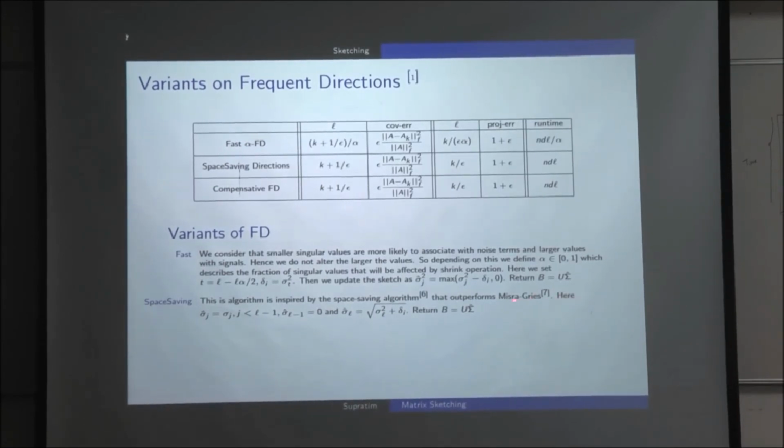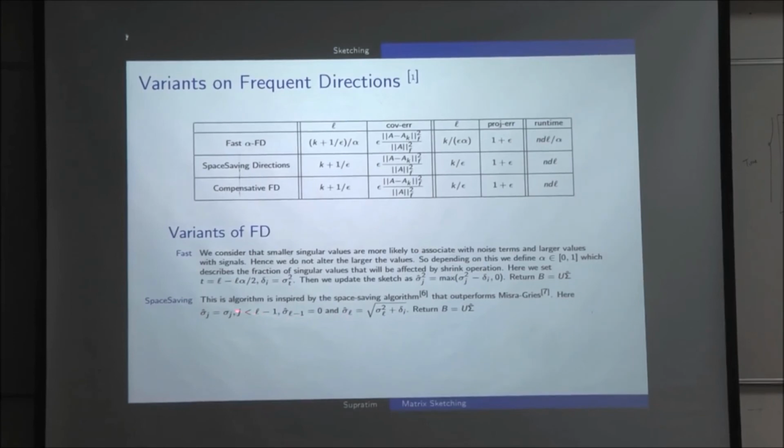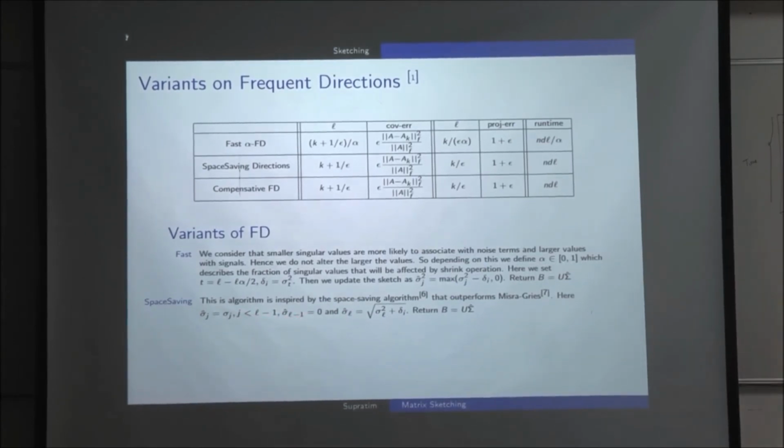In here the idea is that we don't change the singular values until L minus 2. We nullify the L minus 1th column, and in the last column we simply add this delta I parameter to it, and in here delta I is nothing but the L minus ith singular value.